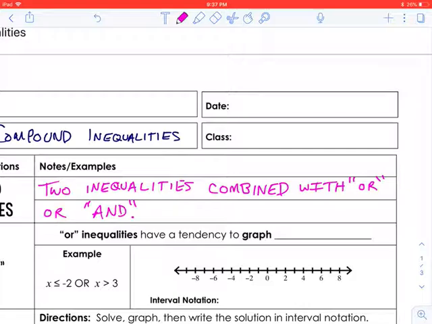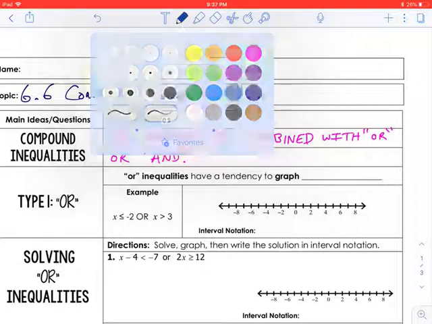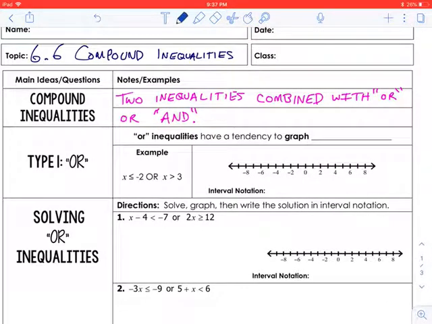Okay. And so we're going to talk about both kinds here. And the way you solve these is very similar to what you've been doing. Just treat it like an equation, okay?